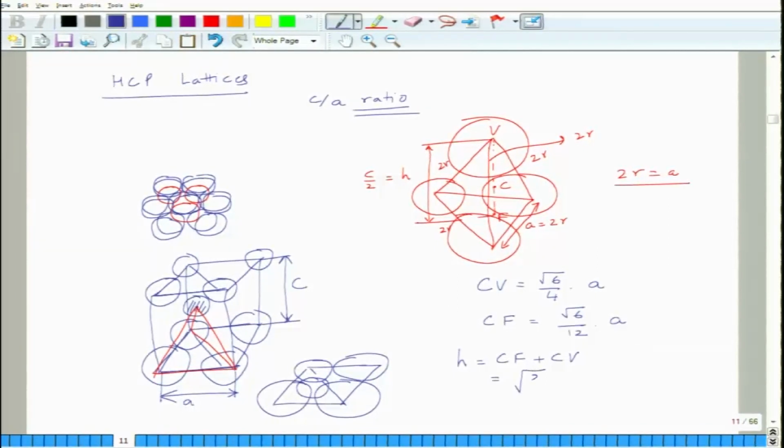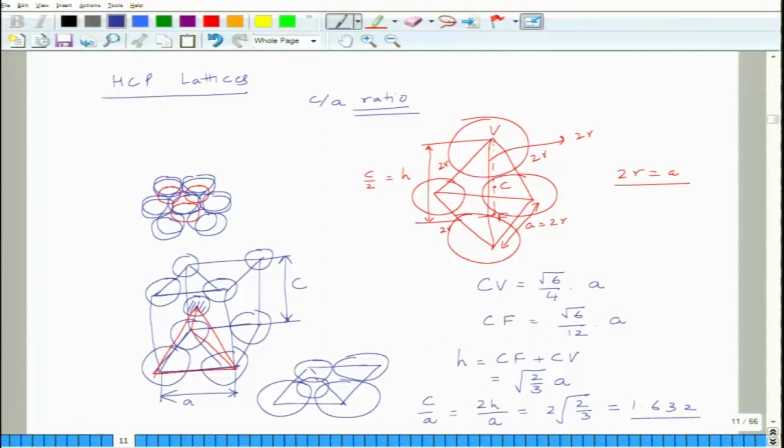So, this will be root of 2 by 3 into A, and the ideal C by A ratio in this case will be equal to 2H divided by A, which is equal to 2 into root 2 divided by 3, and this will be equal to 1.632.